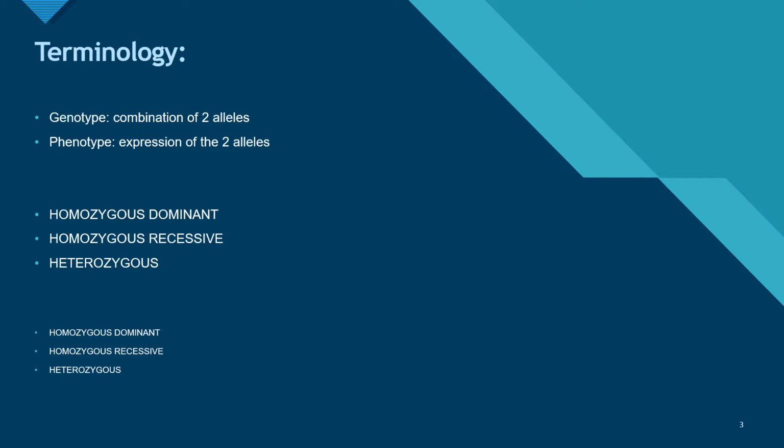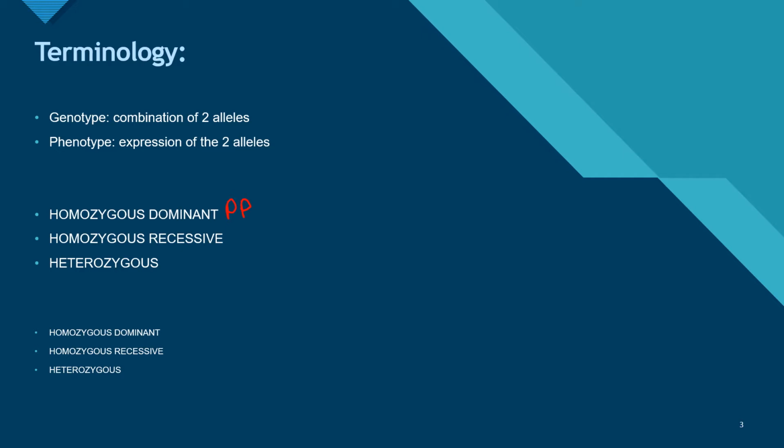Homozygous dominant in our case is going to be written like this: big P, big P. Now it can be any letter of the alphabet as long as they are both capitals, like big T, big T, or big A, big A.